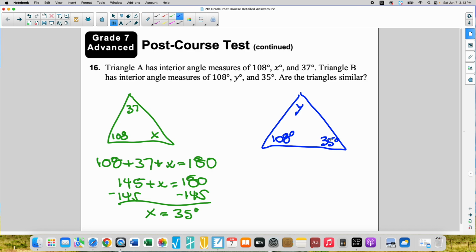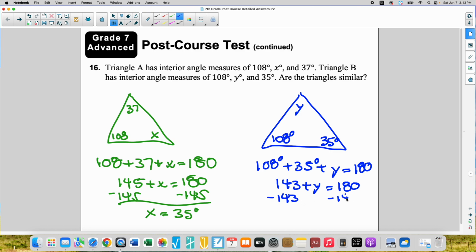Logically, we know that it's going to be the same triangle, but we can do the same thing. 108 plus 35 plus y equals 180, excuse me. 143 plus y equals 180. Minus 143, minus 143 gives us a measure of 37 degrees.